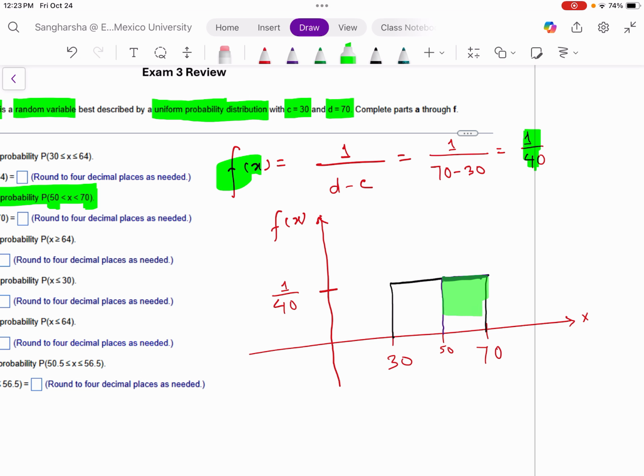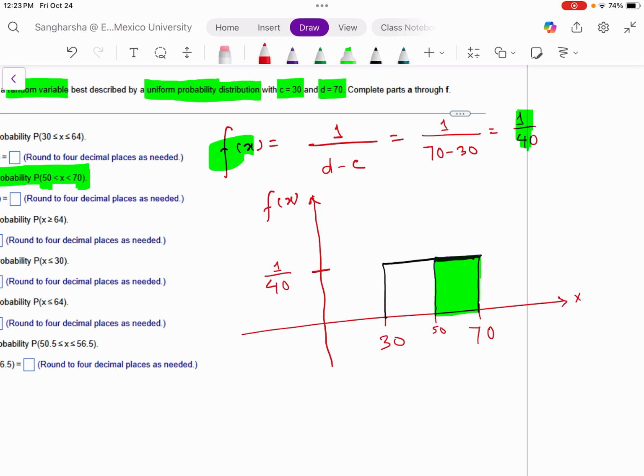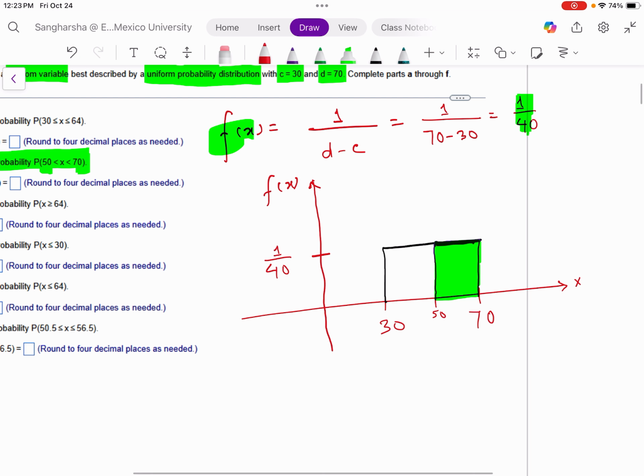That area is the probability that x is between 50 and 70. This is a rectangular shape, and we know how to find the area of a rectangle. The height is 1 over 40, and the width is 70 minus 50, which is 20.